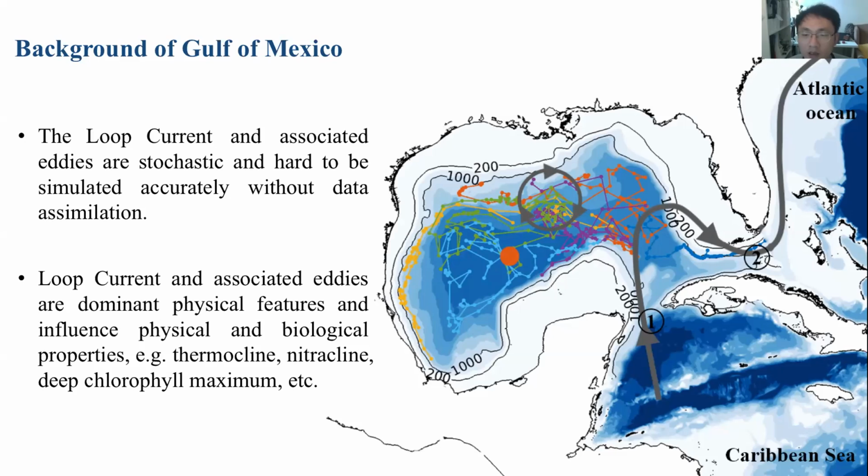In addition, these mesoscale features can also influence the biological properties below the surface, such as the position of the nitracline and the deep chlorophyll maximum. We also hope that assimilating these physical observations in addition to the satellite surface chlorophyll can help us constrain these biological mesoscale features in the Gulf of Mexico.